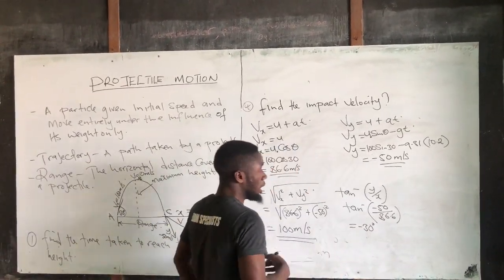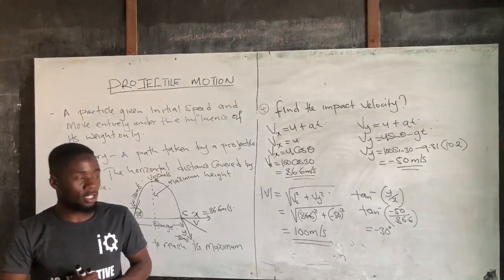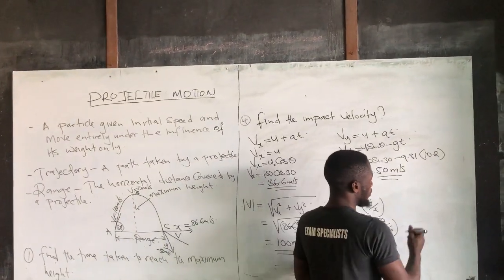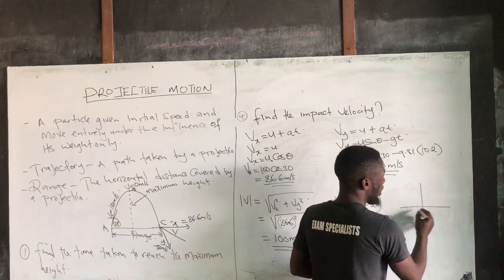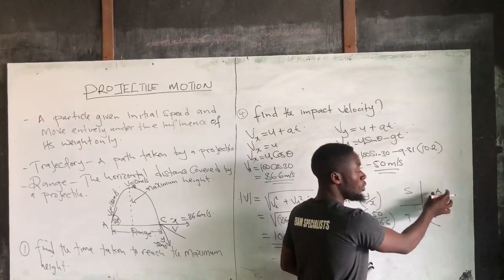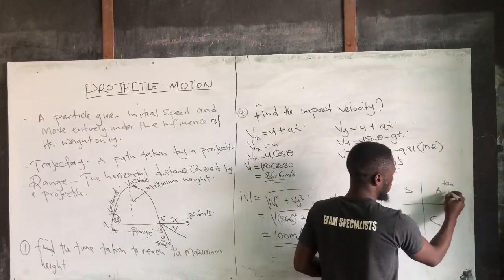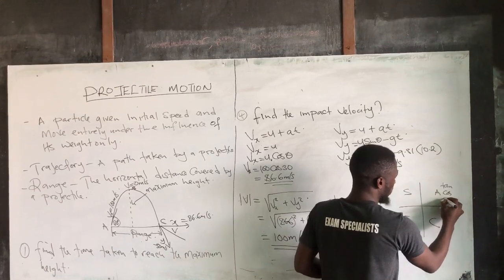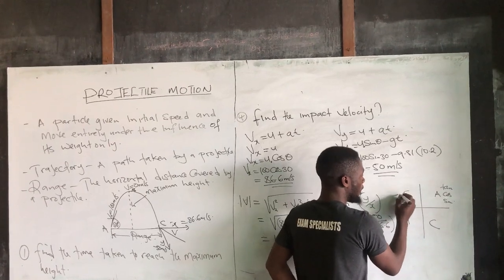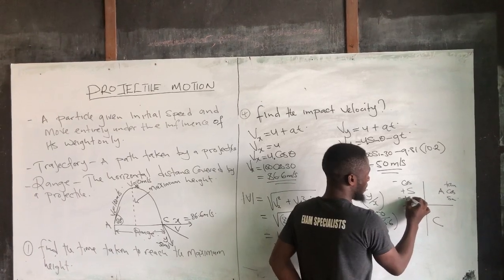Now, if you understand trigonometry and the quadrants, you have the rule: all students take chemistry. In the first quadrant, tan, cos and sine are all positive. In the second, sine is positive, cos is negative, tan is negative.